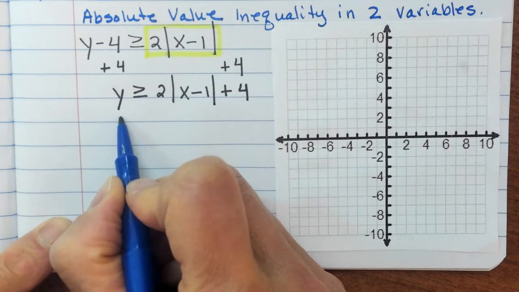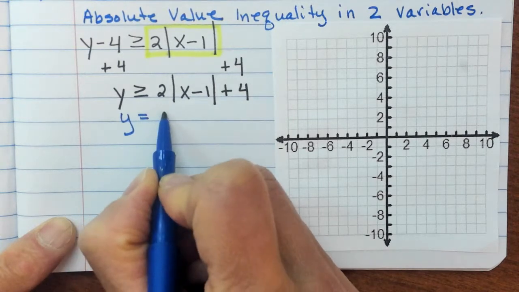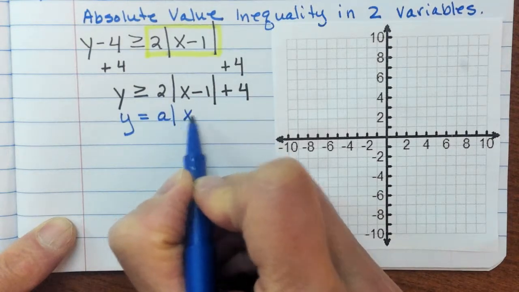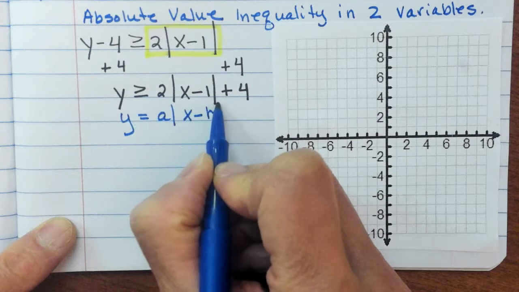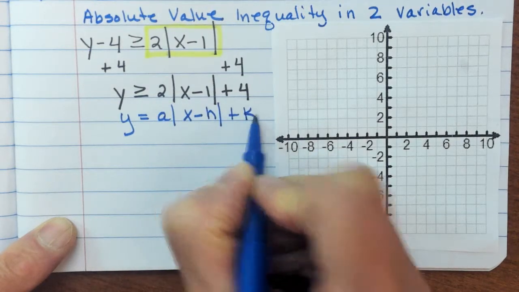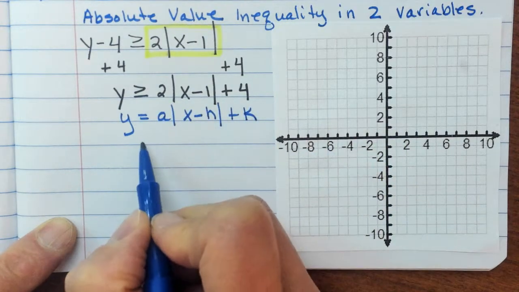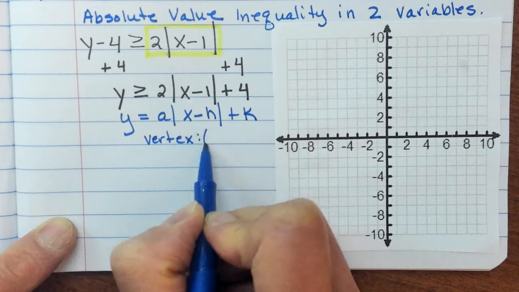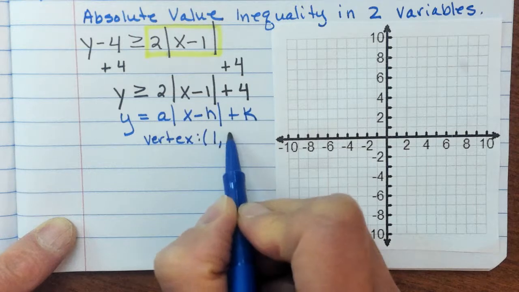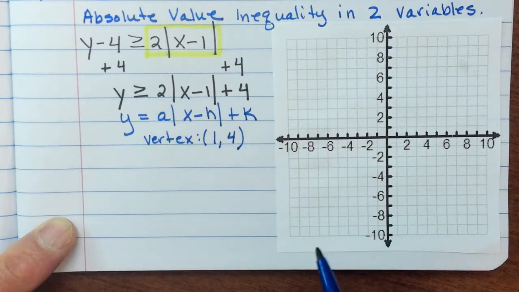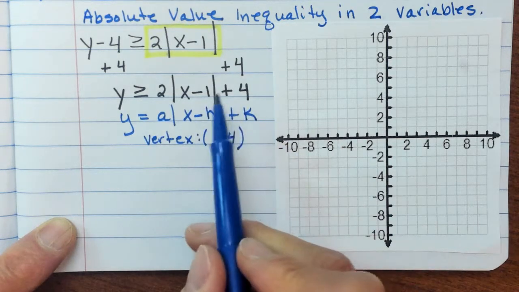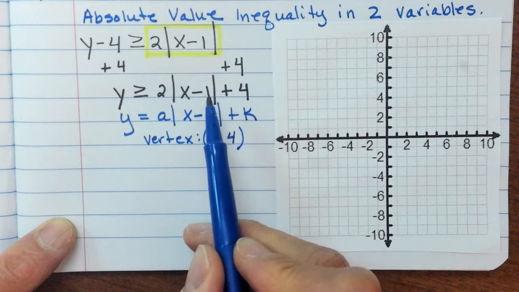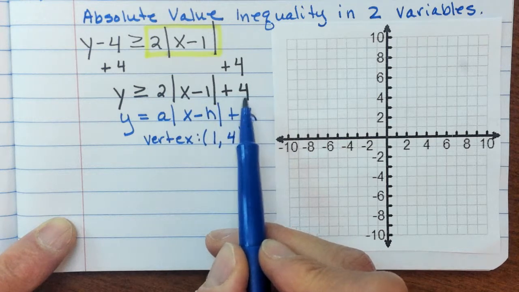Vertex form would be y is equal to a times the absolute value of x minus h plus k, which means that we have a vertex at 1, 4. So we have a vertex at 1, 4, right here, opposite, same.